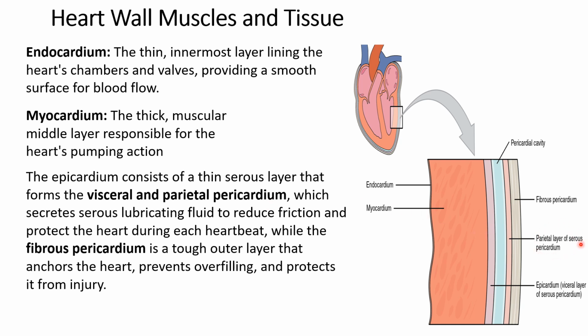This is the parietal layer of the serous pericardium, and this is the visceral layer of the serous pericardium, which secretes serous lubricating fluid to reduce friction and protect the heart during each heartbeat, while the fibrous pericardium is a tough outer layer that anchors the heart, prevents overfilling, and protects the heart from injury.